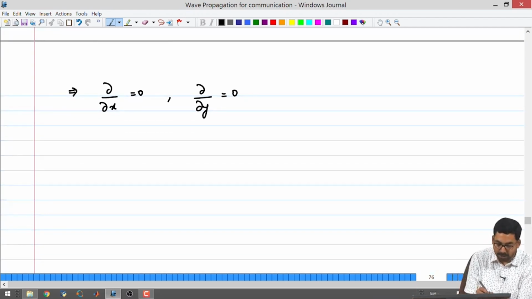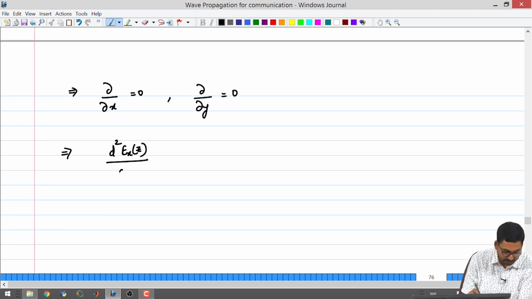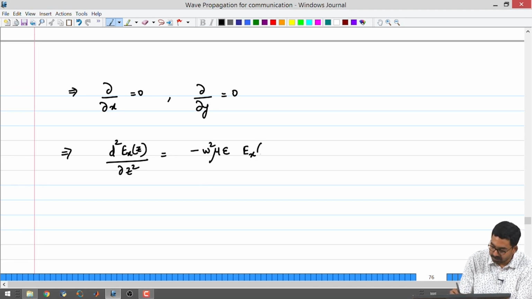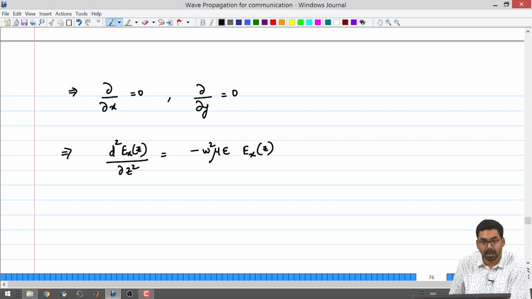So, we can start to write down the wave equation. Notice that I have taken Ex of z e to the j omega t.